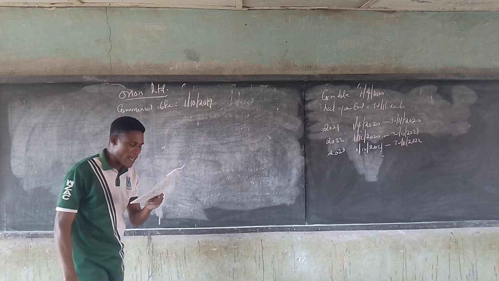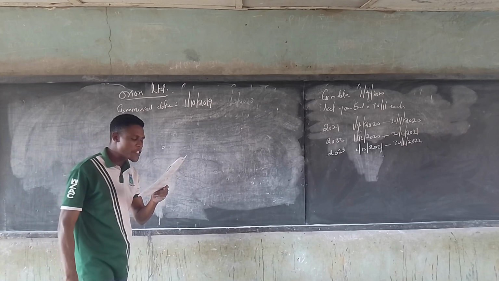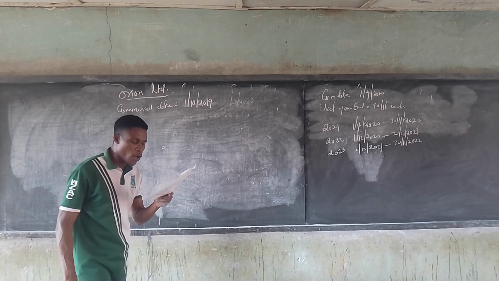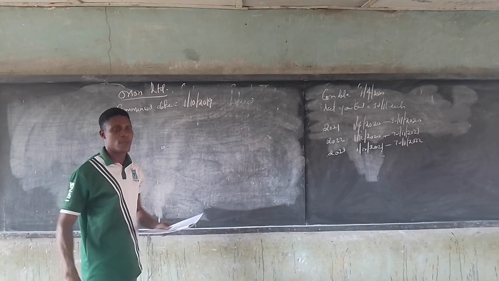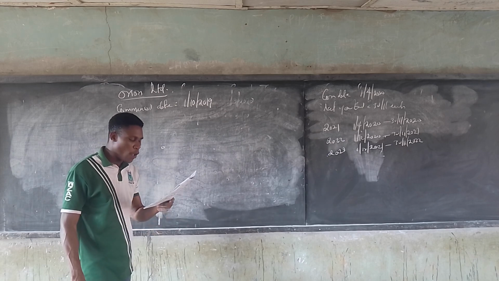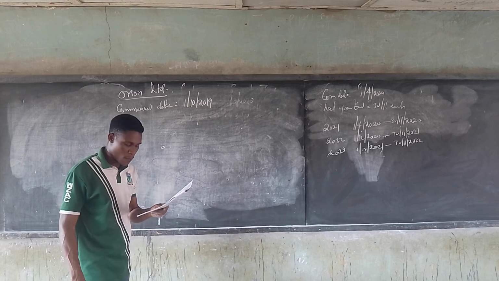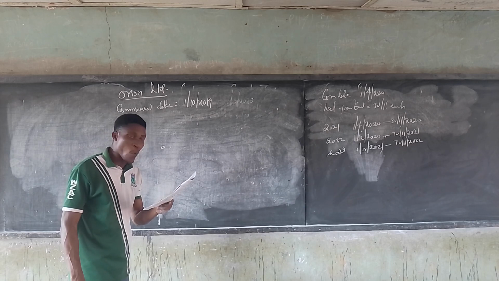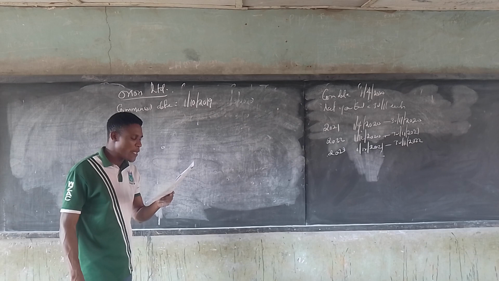The first set of financial statements prepared by the company covered a period of how many months? 15 months. That means it prepares accounts that is more than 12 months. That is October 1st, 2019 to 31st December 2020.